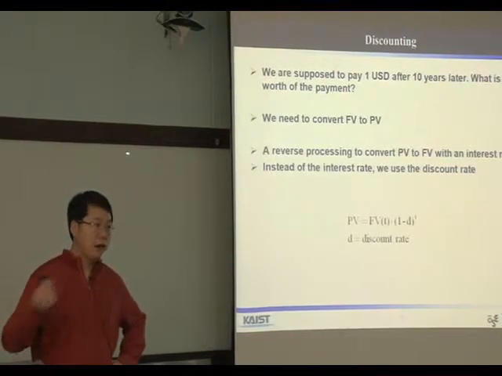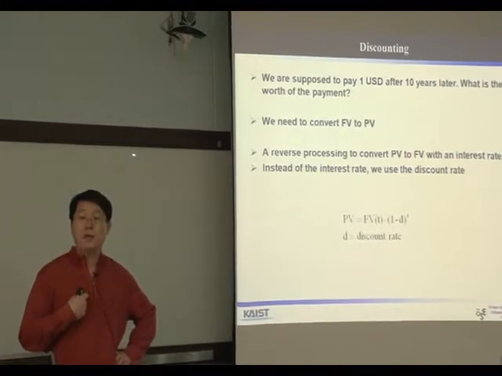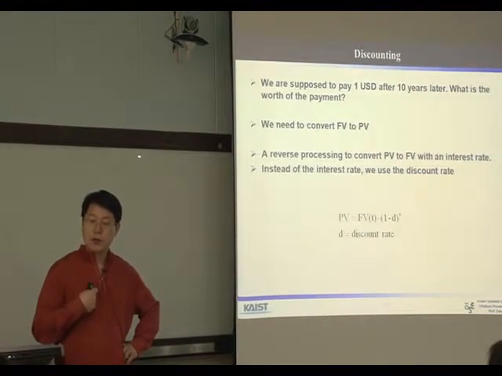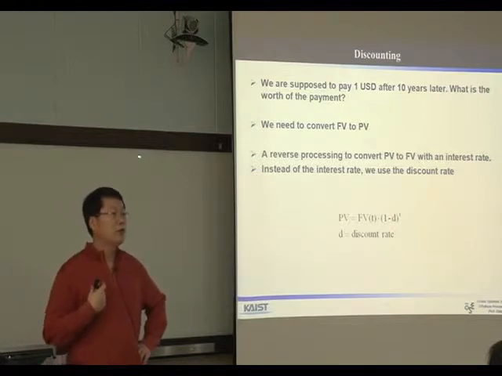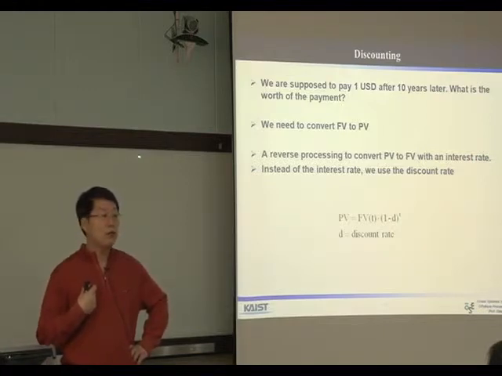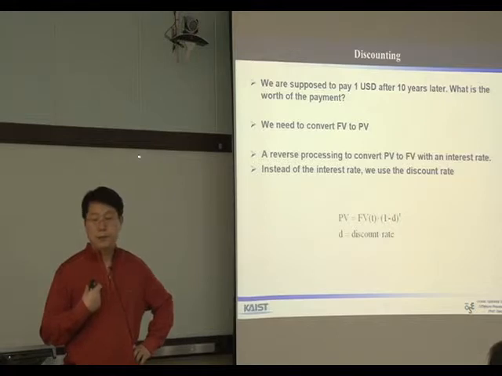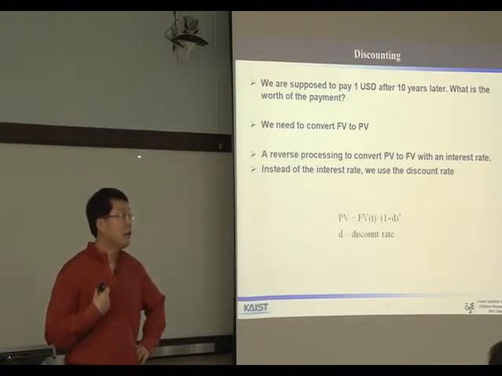So can I lend $0.5, half dollar right now? Then Jungon should think about, do I have to lend $0.5, half dollar, to the professor if I can get $1 after 10 years later?